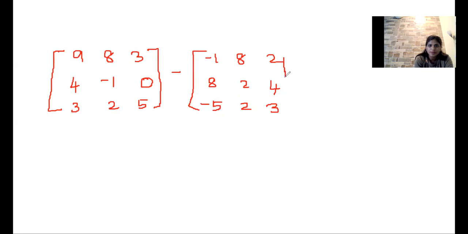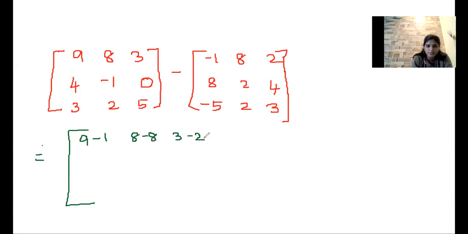So the same thing, now I'll be subtracting B1 from A1, right? So it is going to be 9 minus 1, and 8 minus 8, 3 minus 2. Now I'm going to perform subtraction between row 2 of matrix A and row 2 of matrix B.